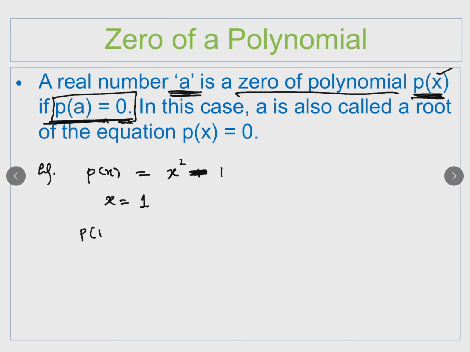So p(1) will be, in place of x we write 1 square minus 1. 1 square is 1, and here we have minus 1. So 1 minus 1 results in 0.